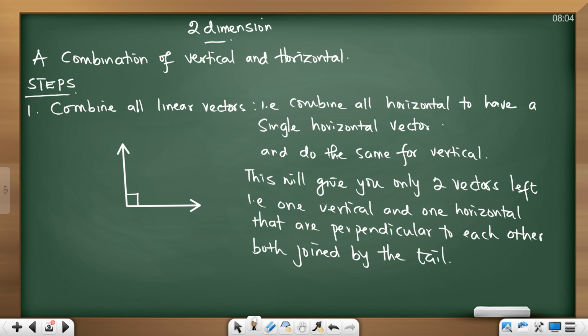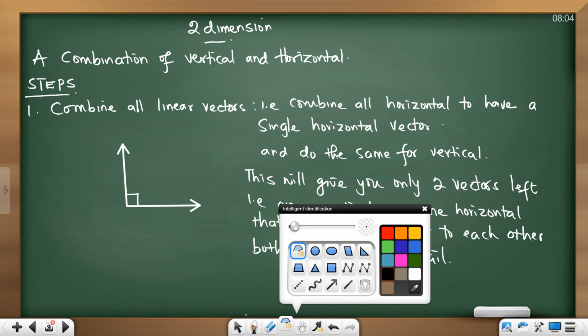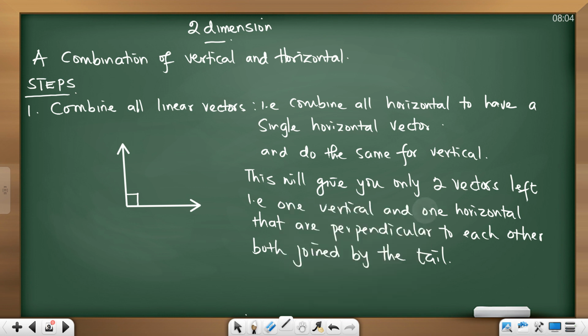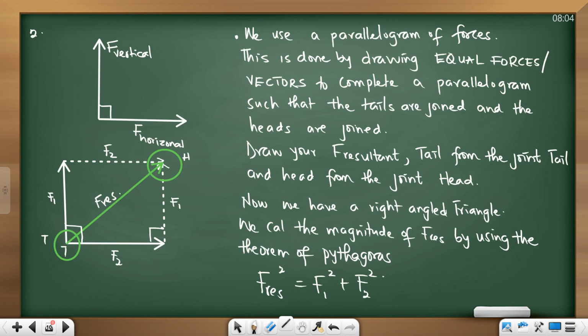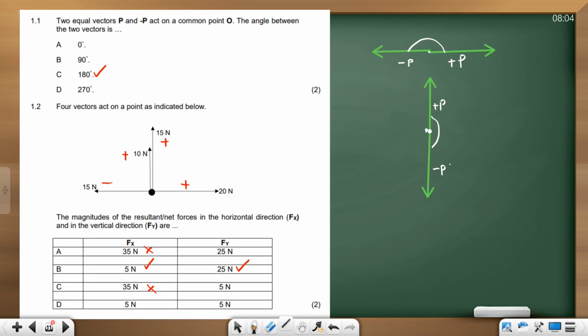All the x vectors, combine them and have 1. And since it's vertical and horizontal, it will always be perpendicular. That's the key word. And once it's perpendicular, what do we bring in? The theorem of Pythagoras. Okay, FR squared equals F1 squared plus F2 squared. Lovely. So we did a few questions.